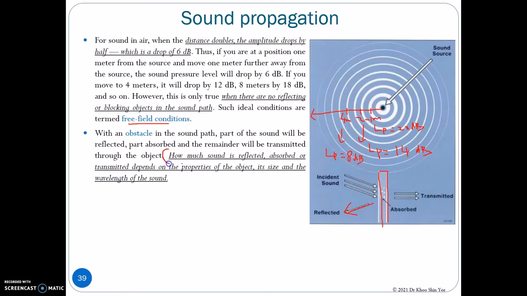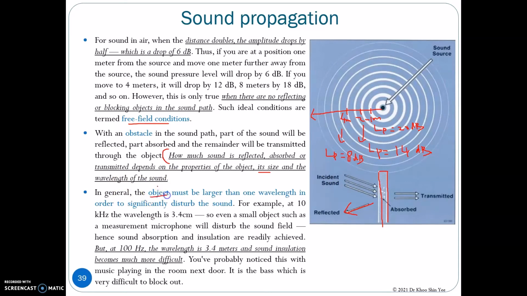How much the sound is refracted, absorbed or transmitted depends on the properties of the object, such as the sound absorption property, as well as the size of the obstacle and the wavelength of the sound. In general, the size of the obstacle must be larger than one wavelength in order to significantly disturb the sound.